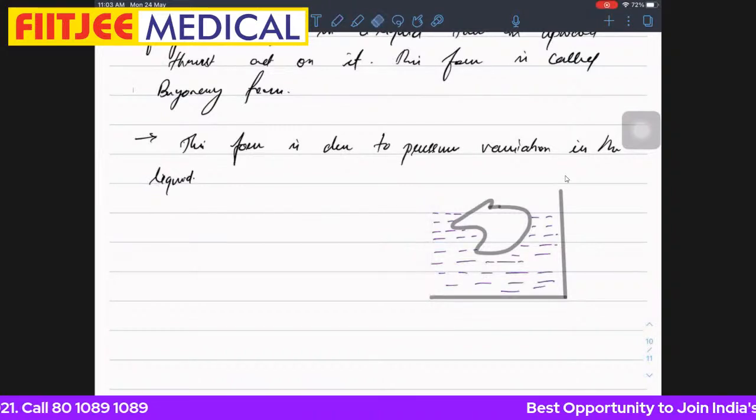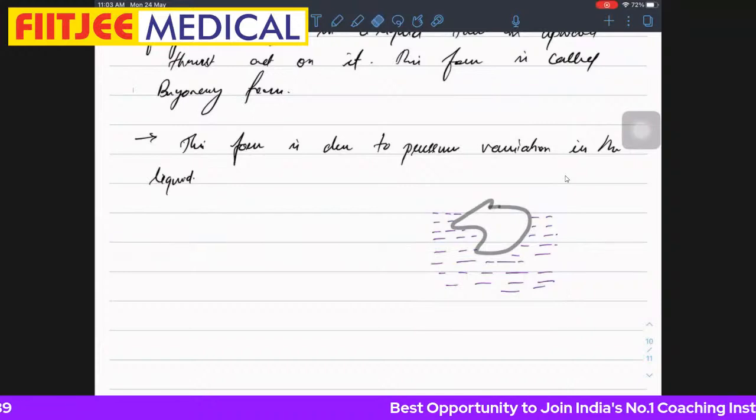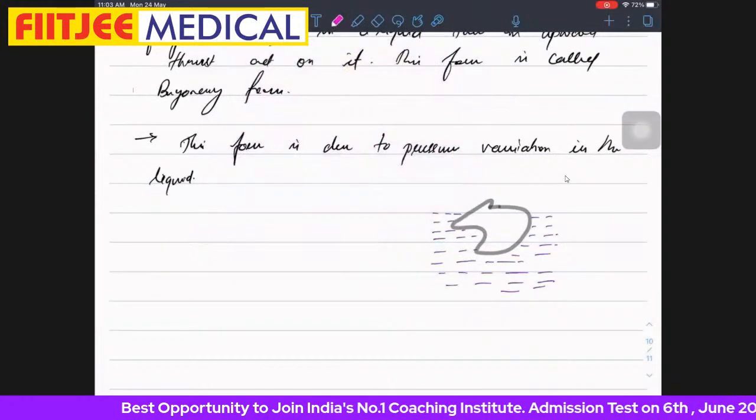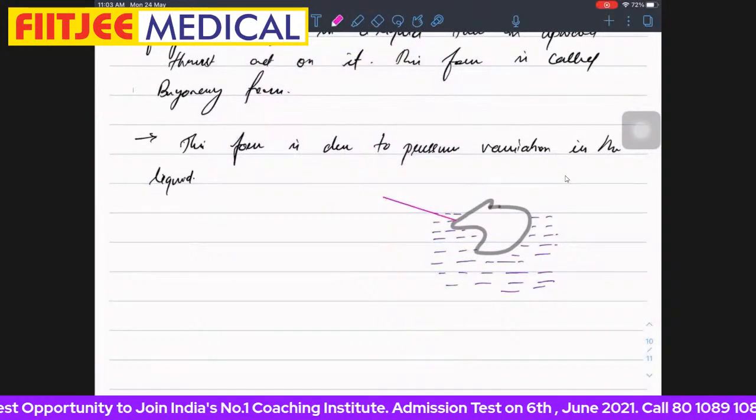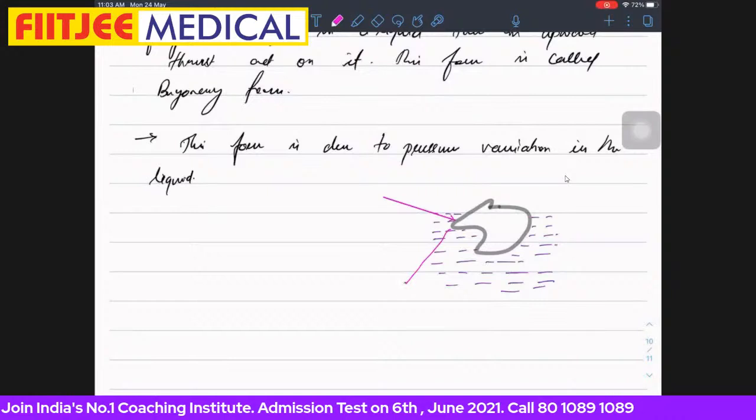So what can we say? On this, forces will act, and the force will always be due to the pressure, normal to the surface.